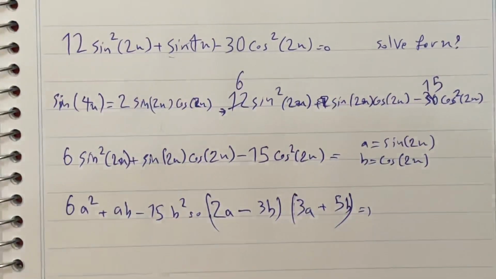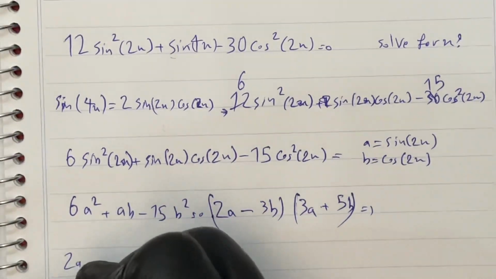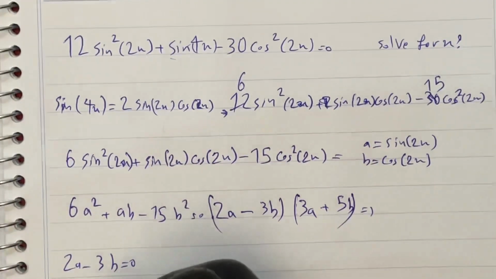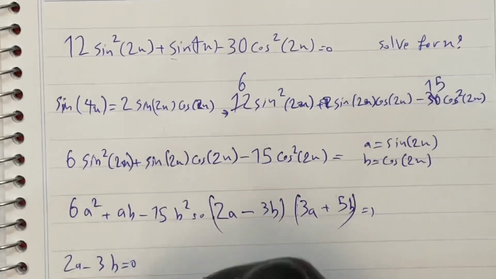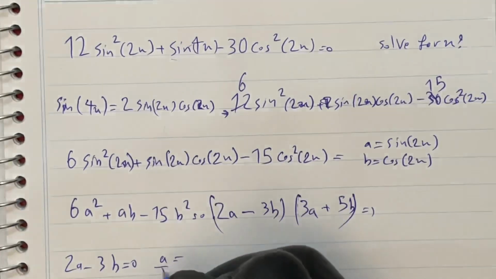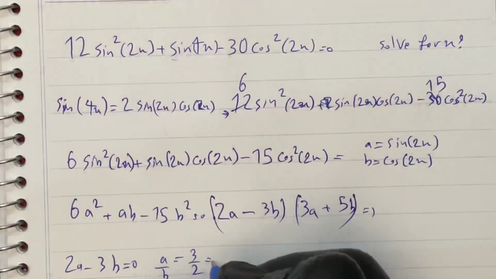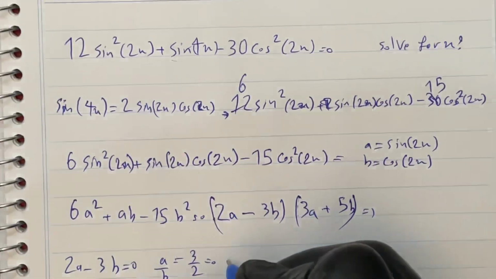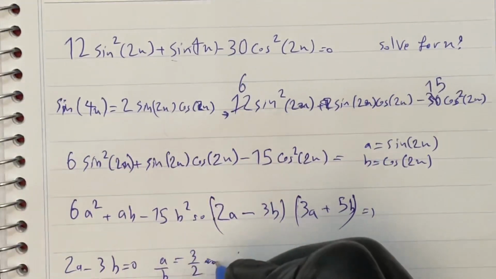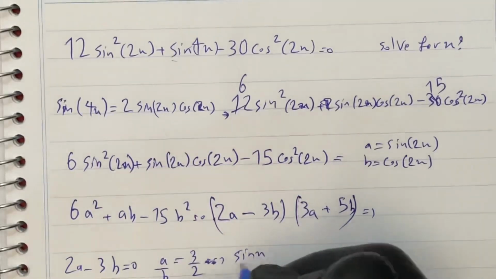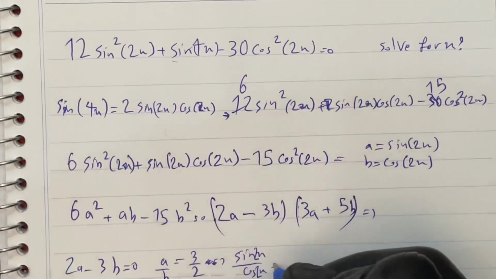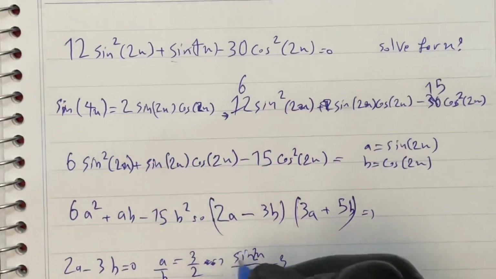So now to solve this, 2a minus 3b should be equal to 0, or 3a plus 5b should be 0. If this is true, now we have a over b equals 3 over 2. And what is a over b? It is sine of 2x over cosine of 2x equals 3 over 2. And what is this?